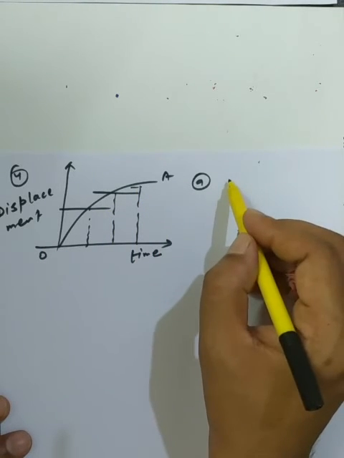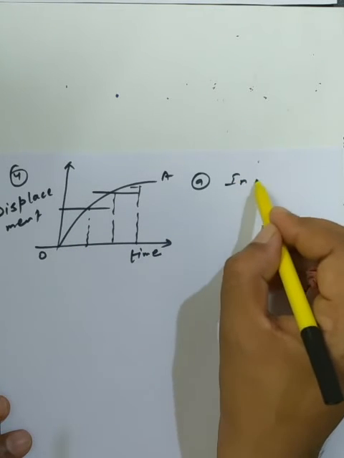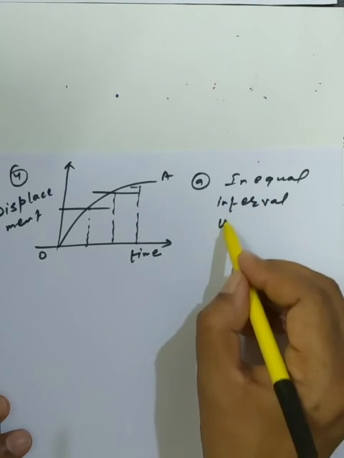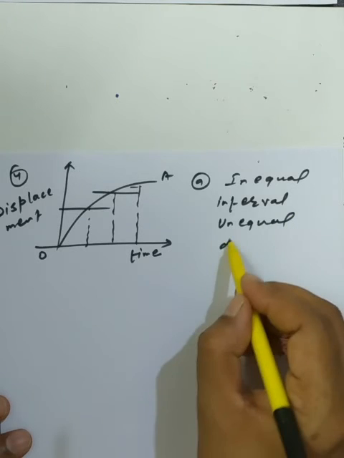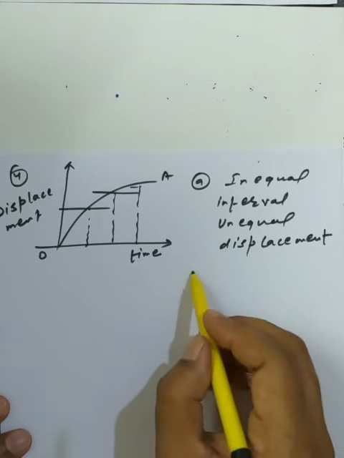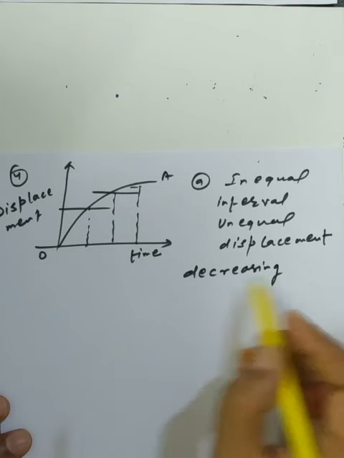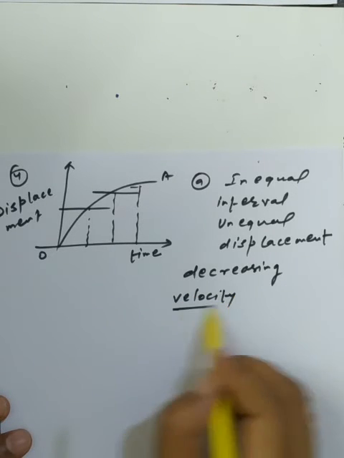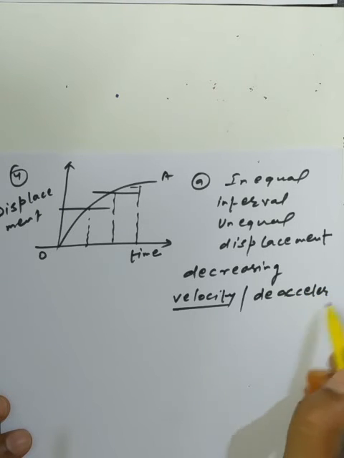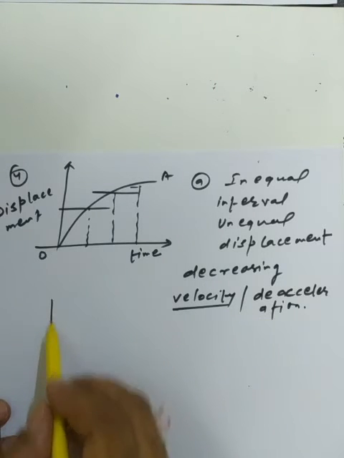So the indication from this graph, the curve along OA, means that in equal intervals, unequal displacement, decreasing velocity, or deceleration. Deceleration.